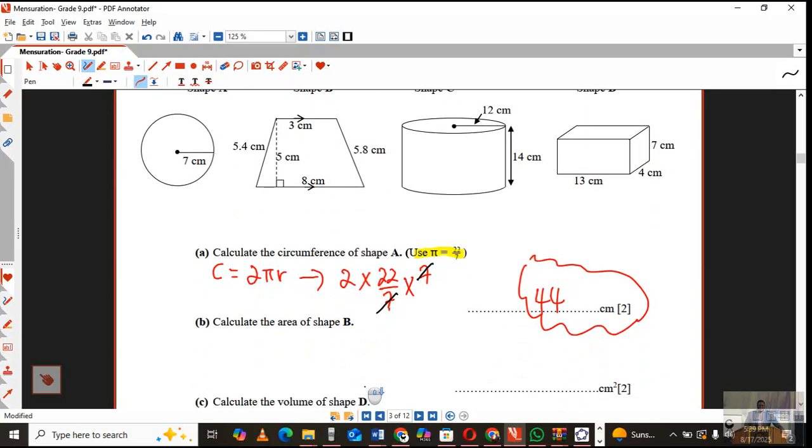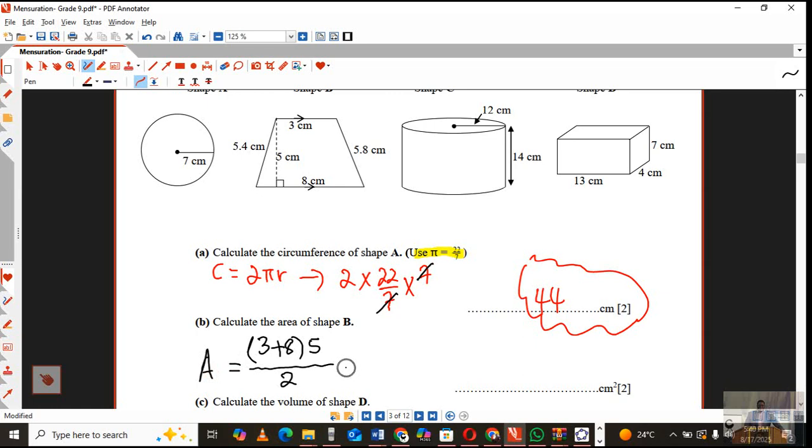Area of B, this is like revision stuff. B is a trapezium, you take the sum of the parallel sides, you multiply that by the height. You have to be very careful. The other distances are just given to you as a decoy. The height is 5, where it makes 90 degrees with one of the sides there. And you're going to obviously divide that by 2. This is the formula that you're going to get.